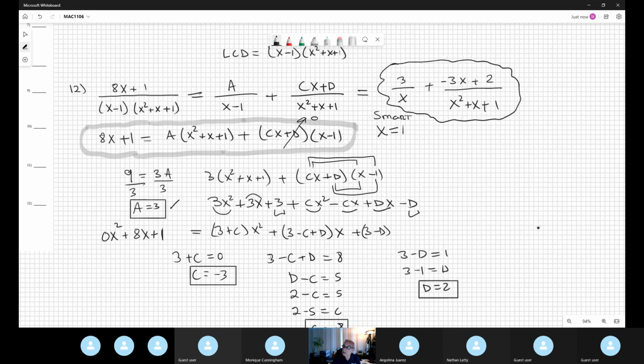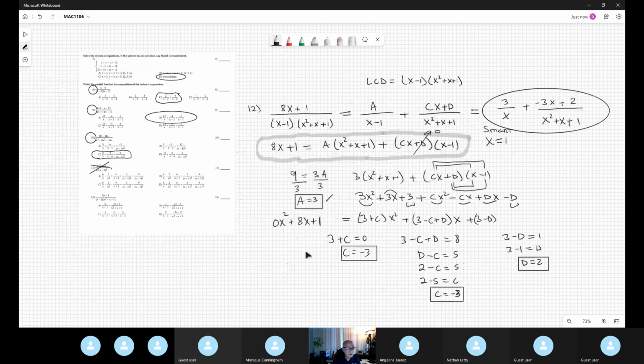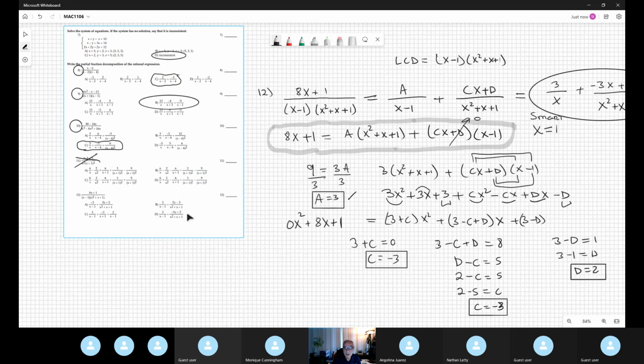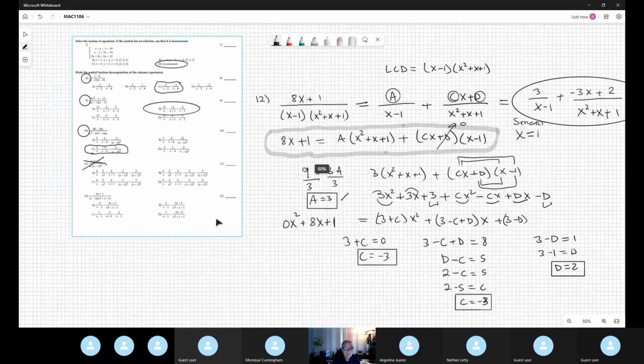And now we're checking. I don't know what's the answer. And number 12 is 3 over x minus 1. I am crazy. This is minus 1. I just replaced this for 3, this for minus 3, and this for 2. Awesome. So 3 over x minus 1, I suppose that is C, no?